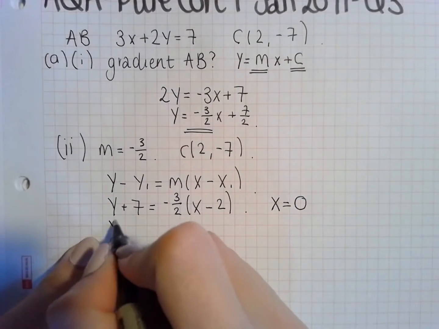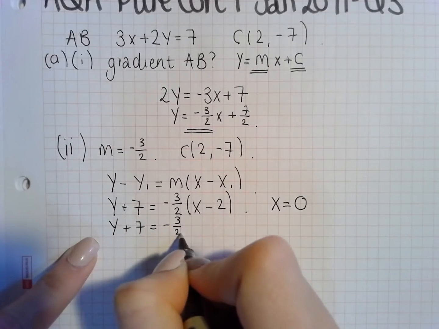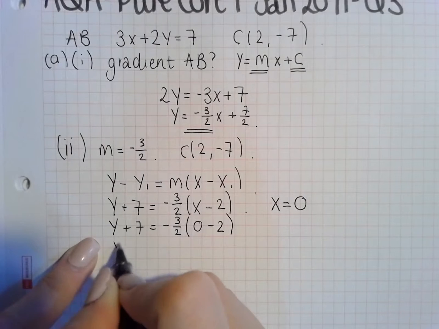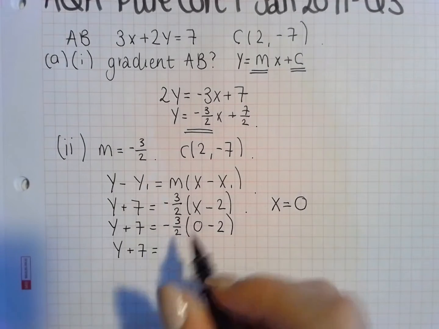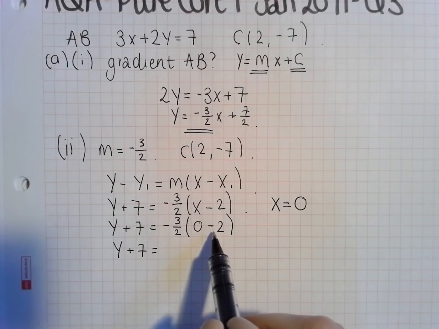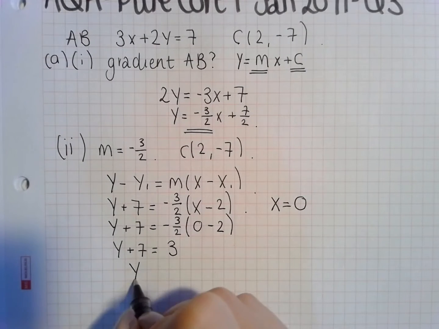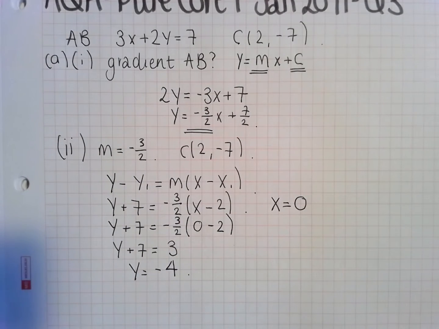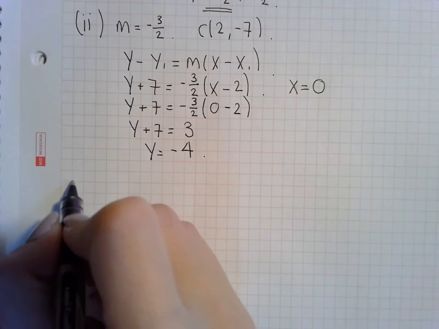So we're just going to sub 0 into this line equation as x, so 0 minus 2. And this way we should be able to find y if we just manipulate this. So minus 3 over 2 times minus 2 is just 3. And y equals minus 4. And that's the answer. So that was quite a hard one, to be honest.